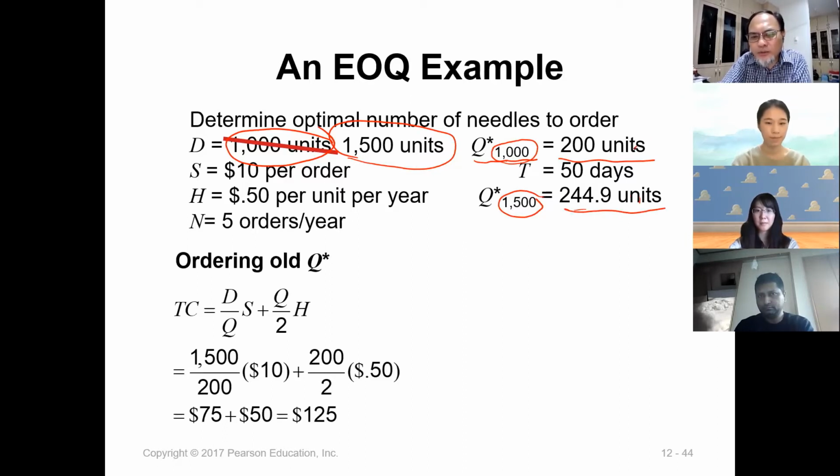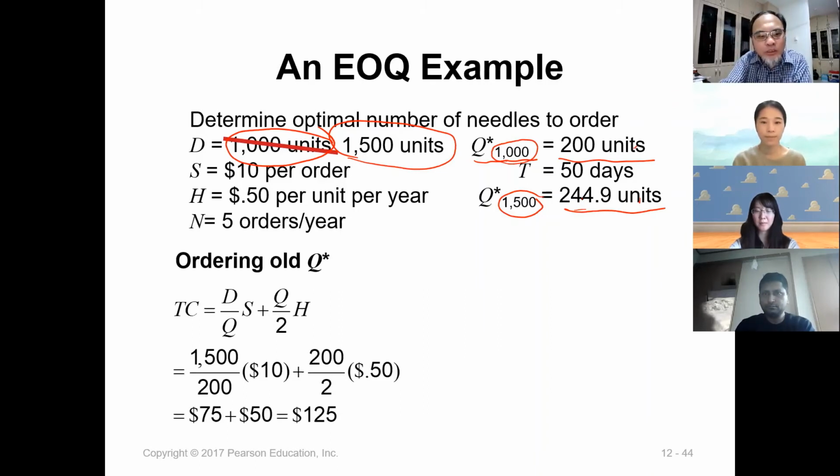There is a difference between 244 and 200. That means now you're ordering more. You're ordering 245. Of course you cannot order 244.9. You can order 245, an exact number. There is no decimal product.